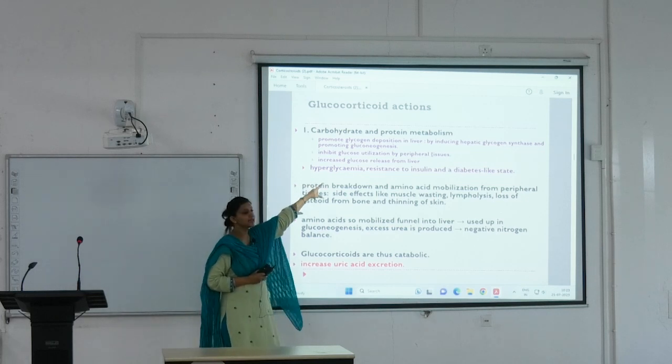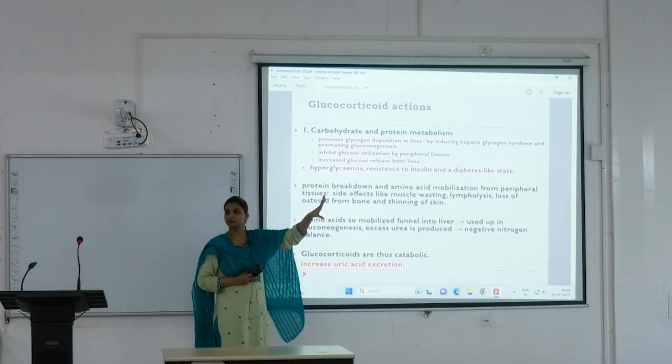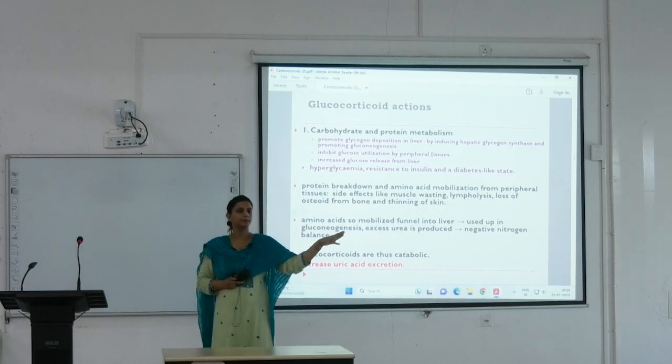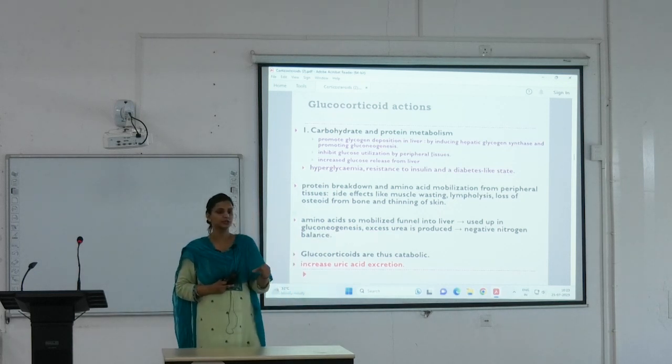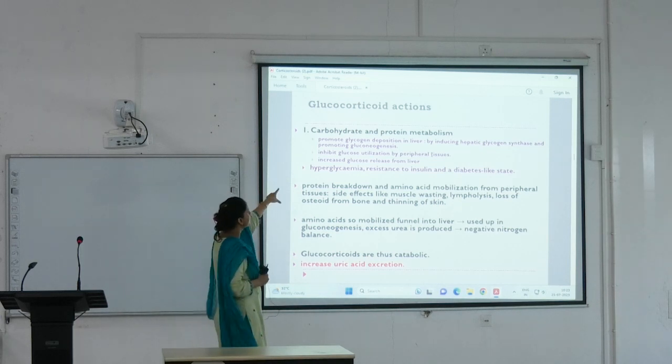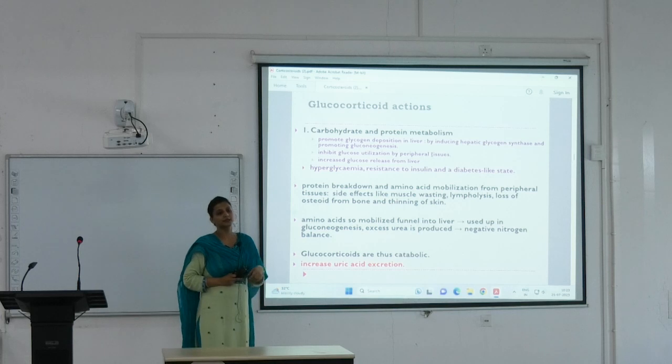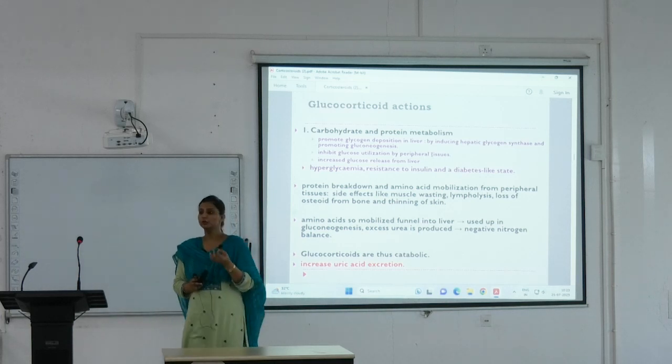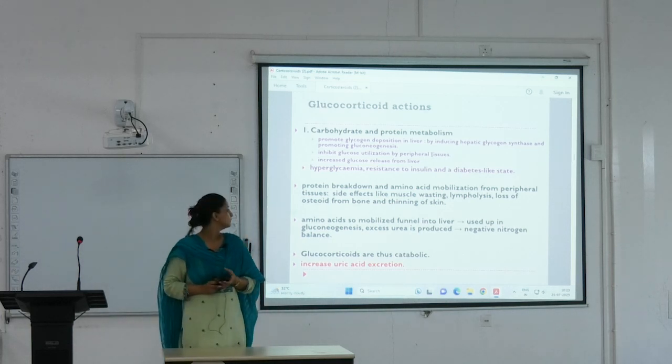Inhibits the glucose utilization by the peripheral tissues. গ্লুকোজ আপটেক করতে দেয় না, পেরিফেরাল টিস্যুসকে ইউটিলাইজ করতে দিচ্ছে না গ্লুকোজ. Inhibits the glucose utilization and it increases the glucose release from the liver, okay, and neoglucogenesis করছে, okay.